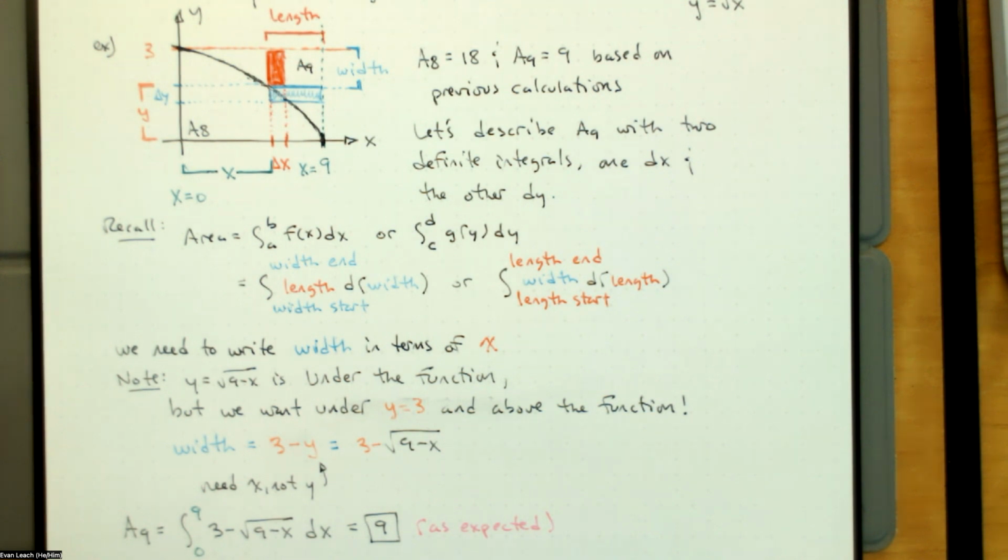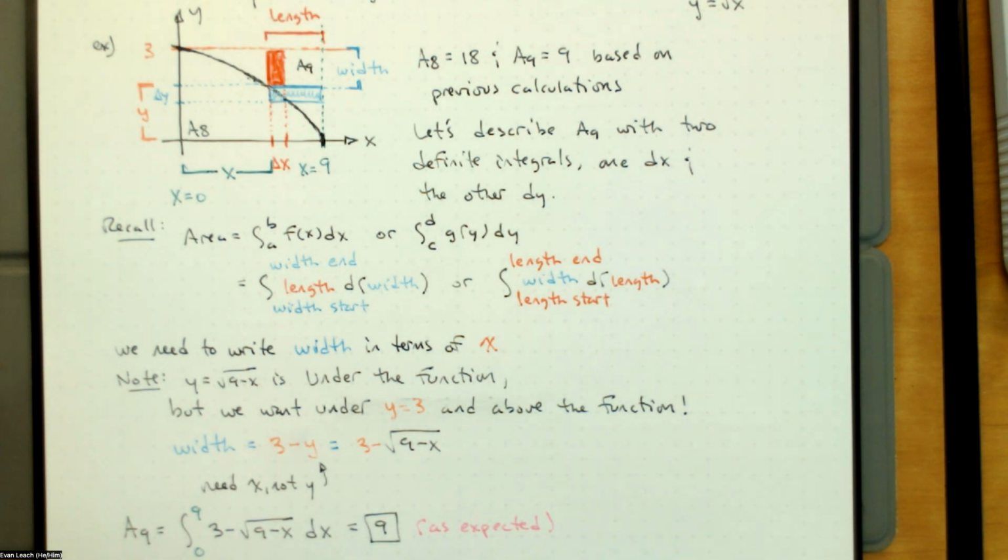It's not about finding that the area was 9. That's why we opened up with, if we split this 27 unit rectangle, a 3 by 9 rectangle, with a parabola from corner to corner, we're going to get a 9 and an 18, 2/3 and a 1/3. Now I want to find A9 by setting up the definite integral.